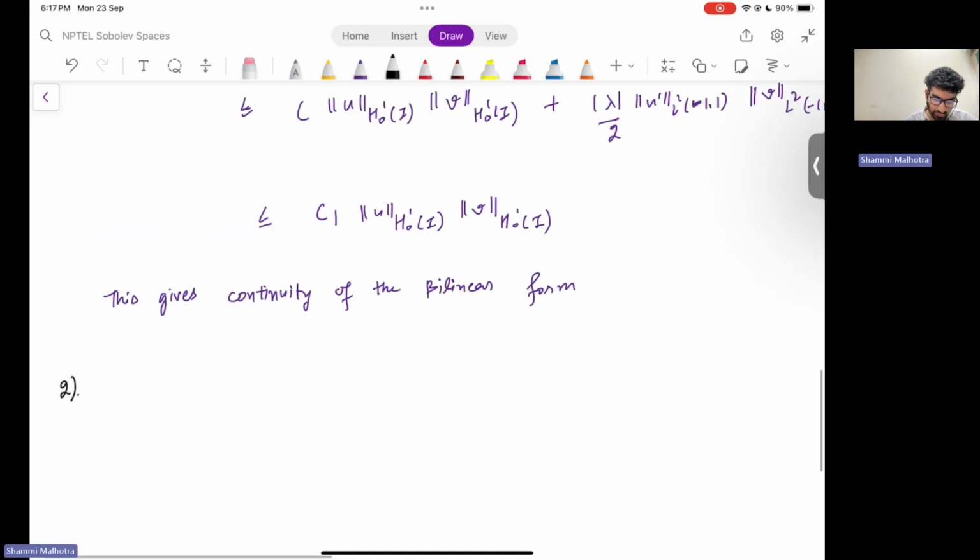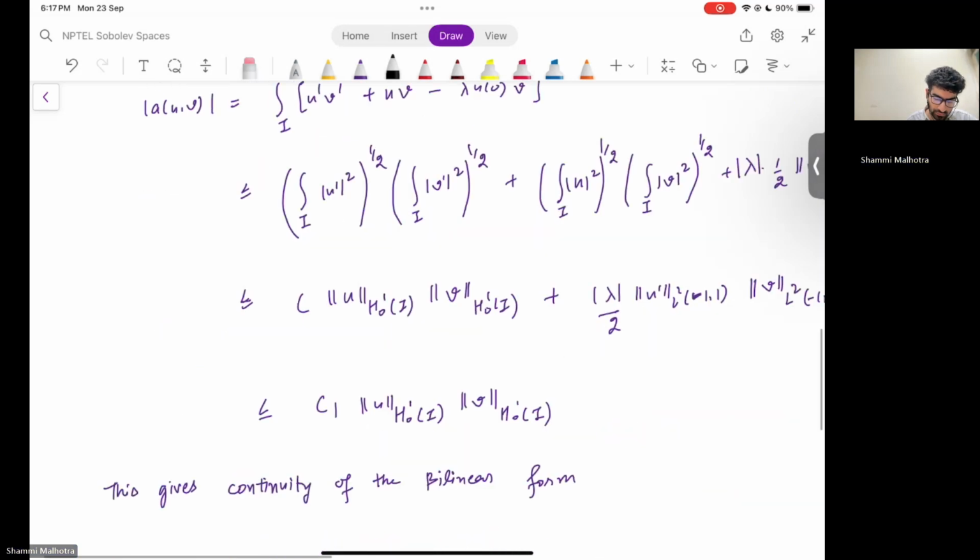As part 2 of this question, we have to show the coercivity.